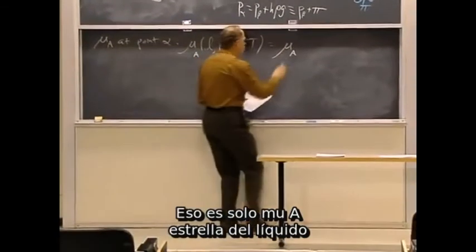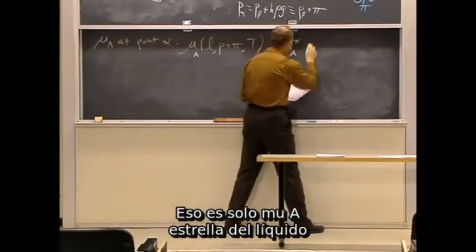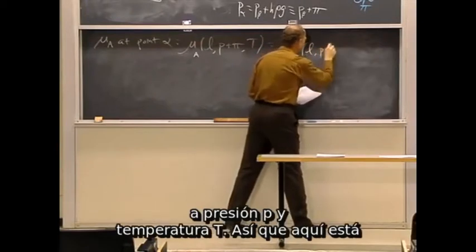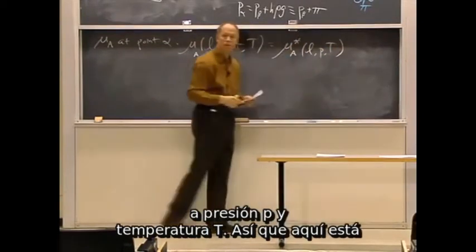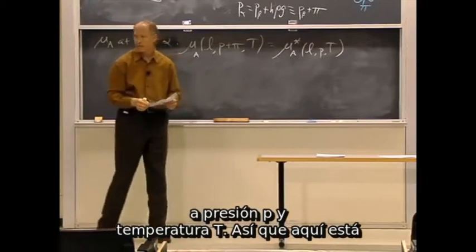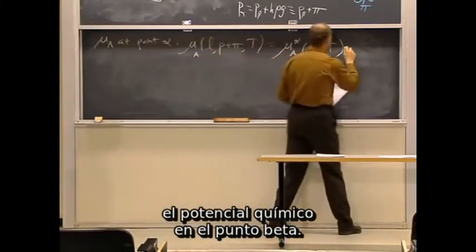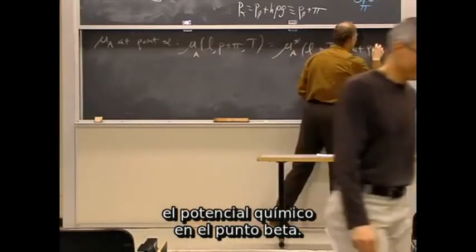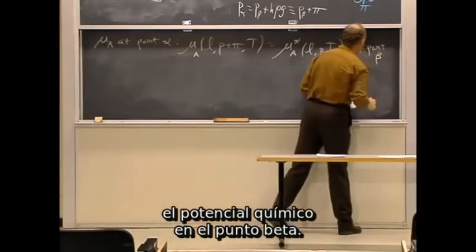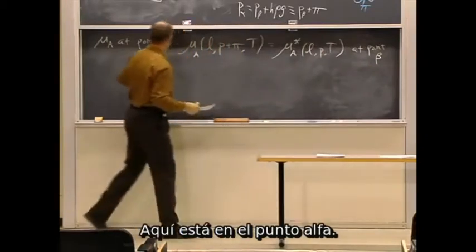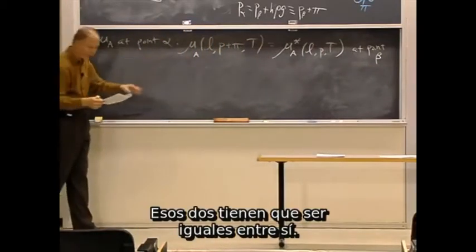So that's just mu A star of the liquid at pressure P and temperature T. Okay? So here's the chemical potential at point beta. Here it is at point alpha. Those two have to be equal to each other.